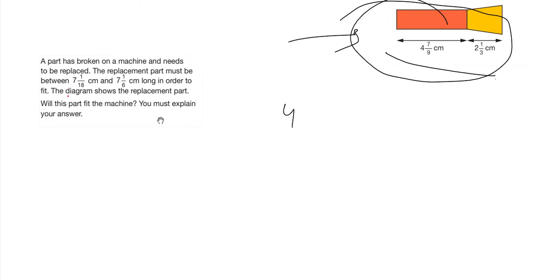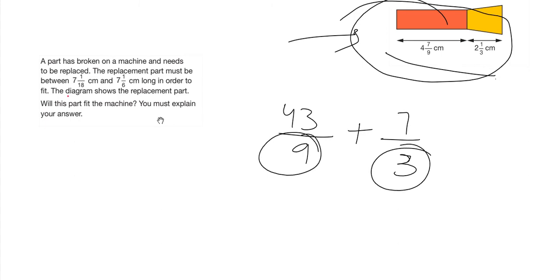That is 43/9. And the second one is 7/3. Alright. So again, we have two numbers that involve factors of each other. So we can take out the LCM.